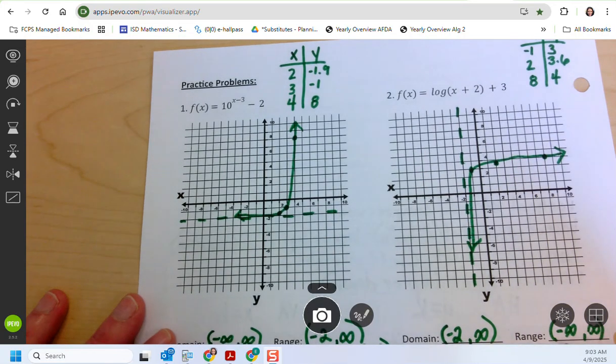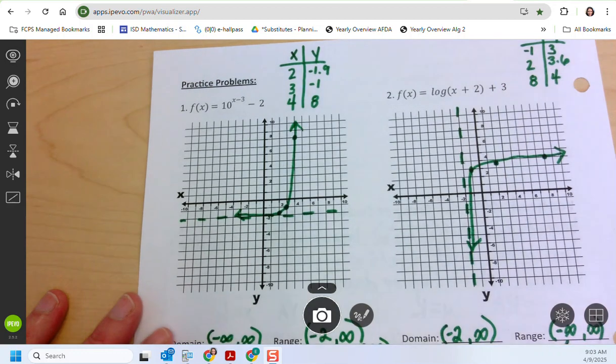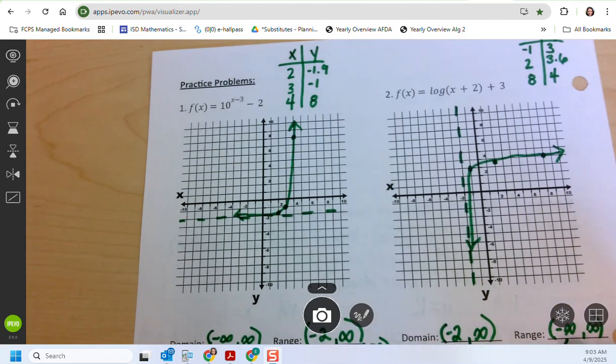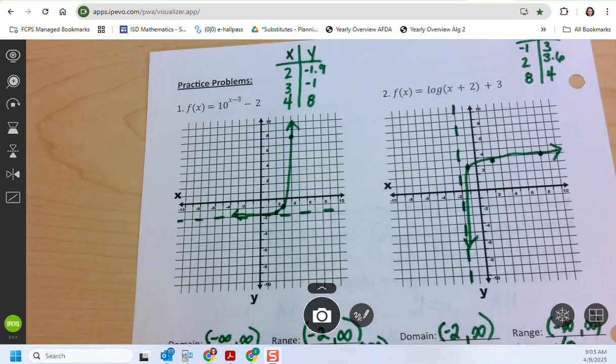We're going to find your y-intercept on your table of values. So go back to your table of values and look and see when x is 0, what is the y? Anybody find it yet? Second graph, look at your table.